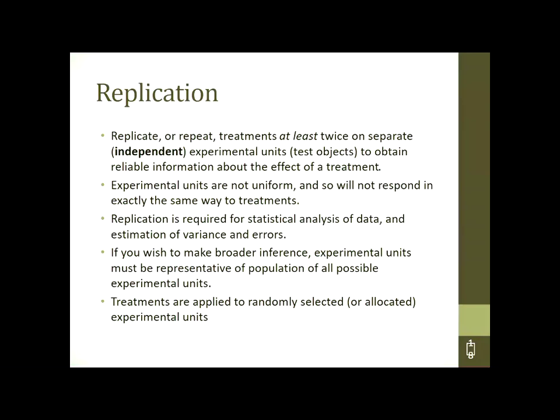If we want to make broader inference from our experimental system to a broader population, we have to do two things. We need to make sure that the experimental units we use are representative of that population. How do we do that?